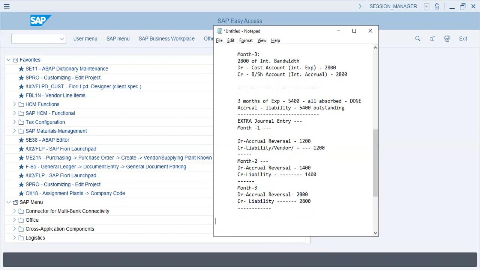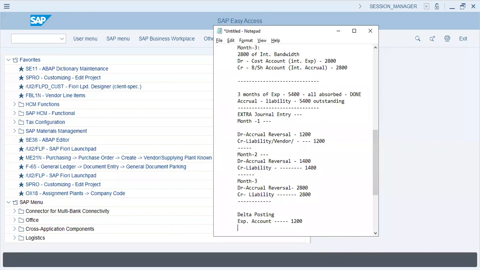Delta posting is done in this way. Delta posting, expense account, 1200 to expense accrual account, 1200.